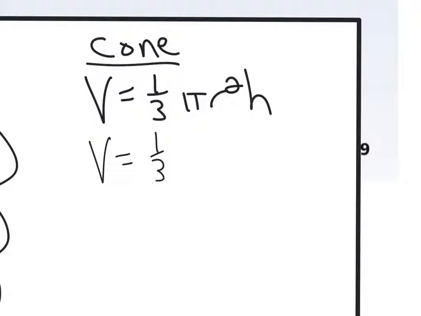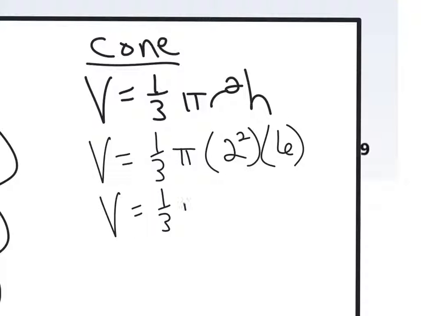So on the cone, radius of the cone is 2 and the height is 6. And then we can try to simplify this a little bit. So 2 squared, 2 times 2 is 4.